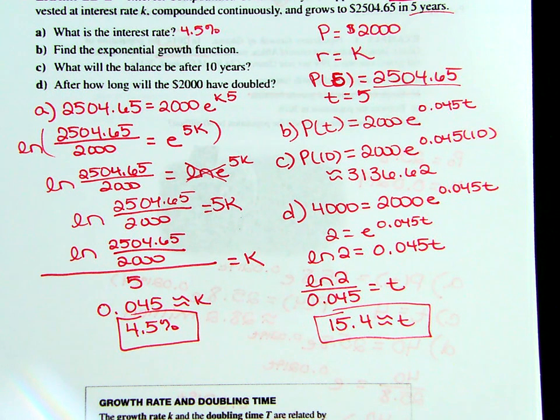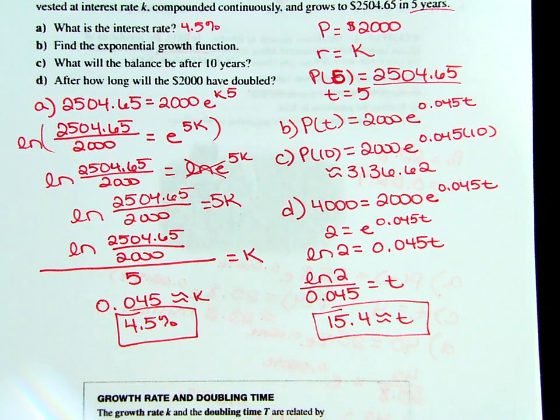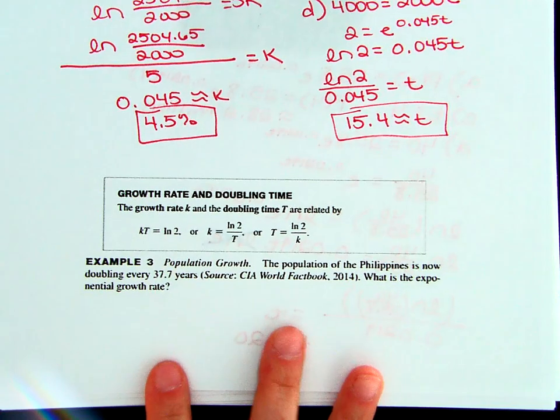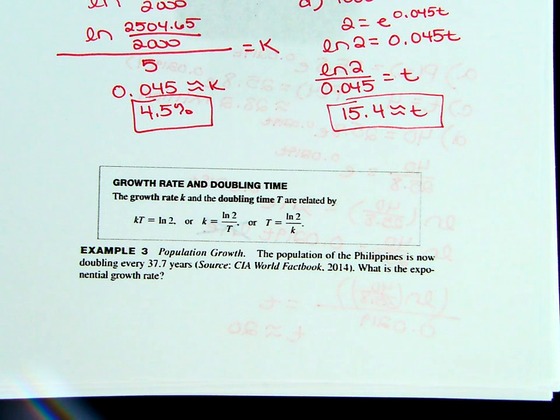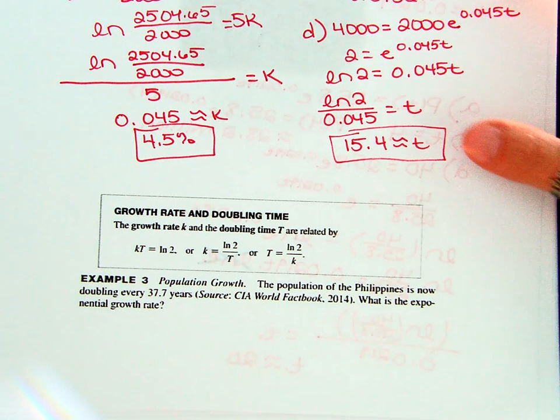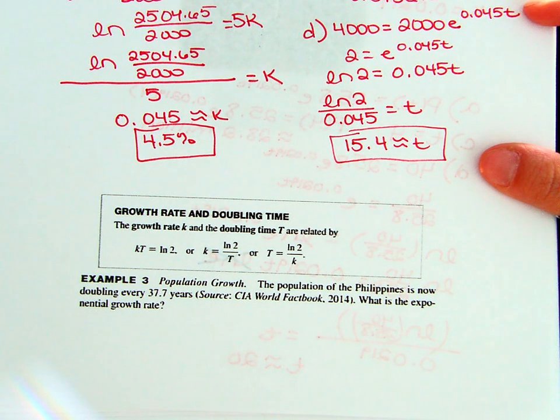Okay, at the bottom, there is a special box and an additional example of growth rate and doubling time. So there's kind of a shorthand. I mean, we did all of this in step D to find the amount of time it takes to double our investment, but we can actually cut a lot of that out.